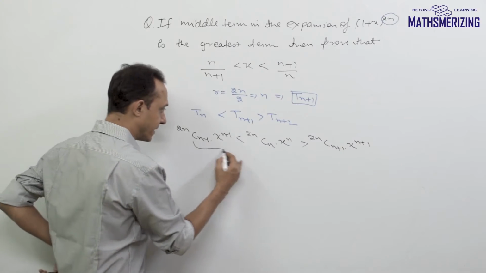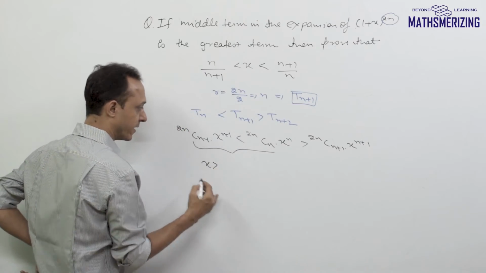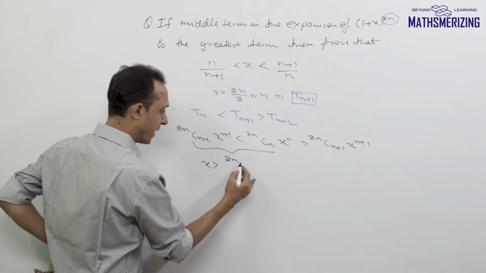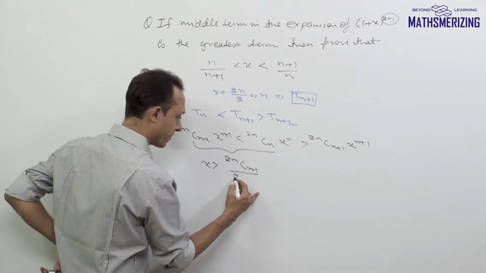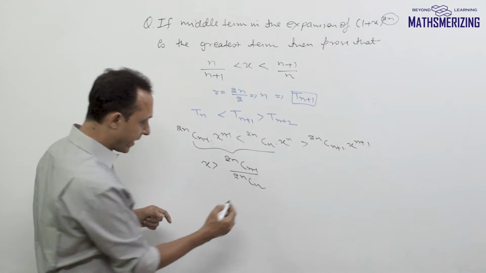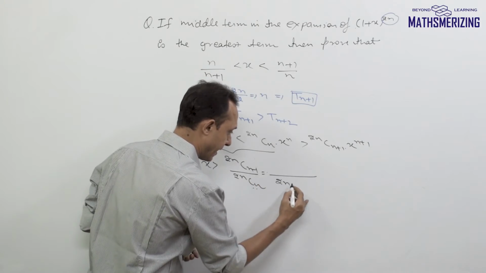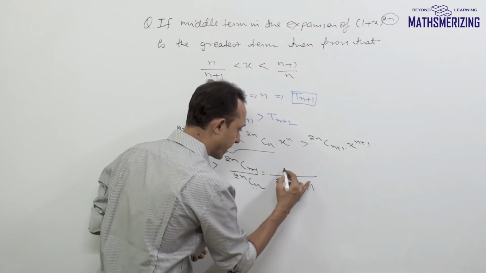Now first I'll simplify these two expressions. So here x and x will cancel, so I can write x should be greater than 2nC(n minus 1) upon 2nCn. Now n is the same, r differs by 1, and this is greater, so I'll write it as (n minus r plus 1) upon r.